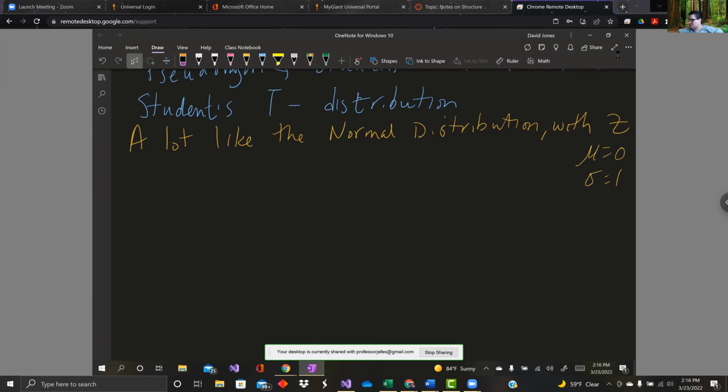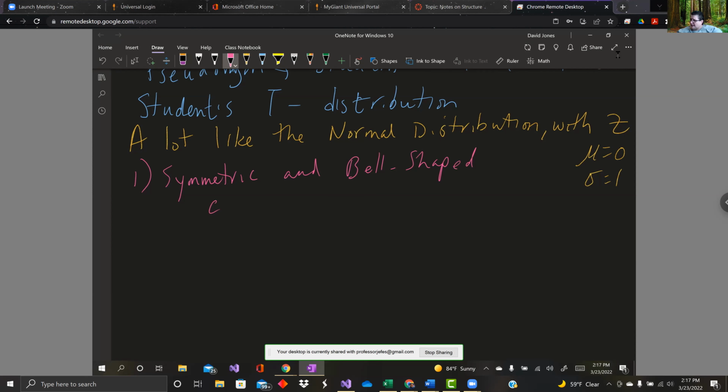So let's just talk about what it does have. One, it's symmetric and bell-shaped.